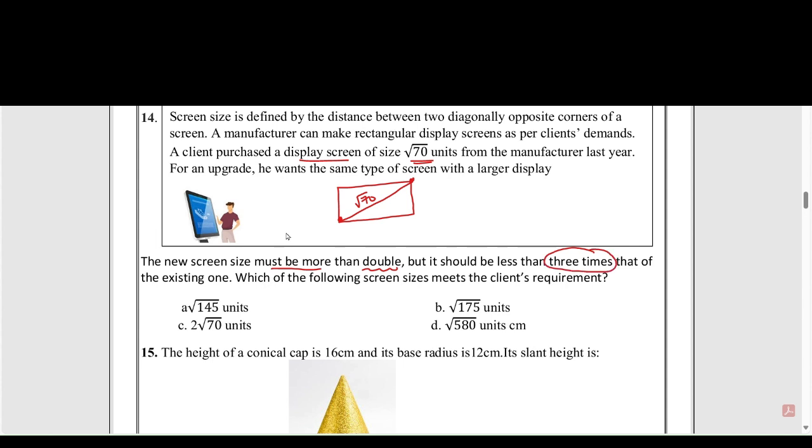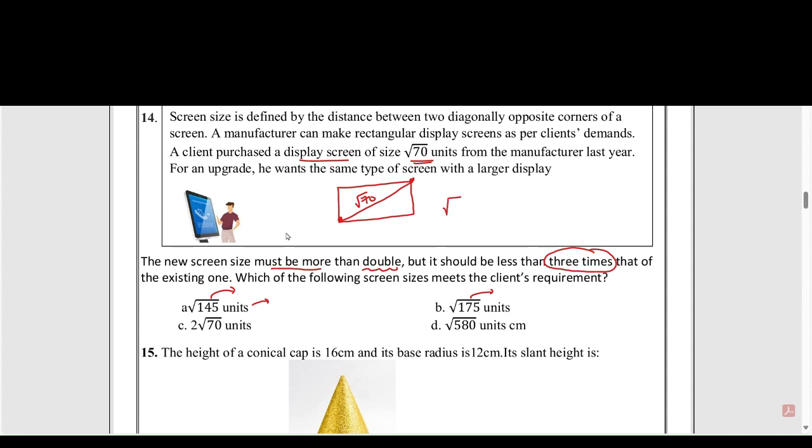Here you will find the results of root 145, root 175 and root 580 compared to root 70. You can use prime factorization for this.